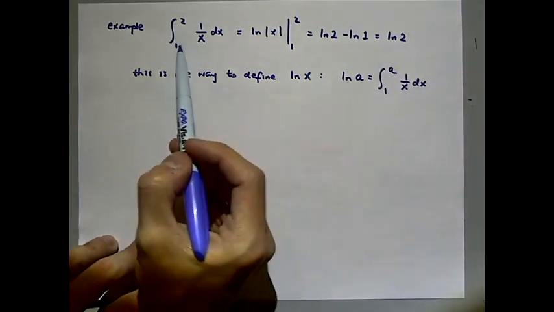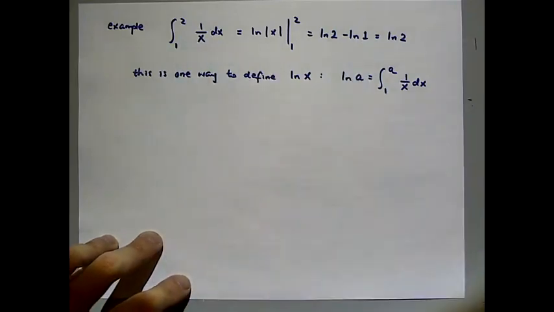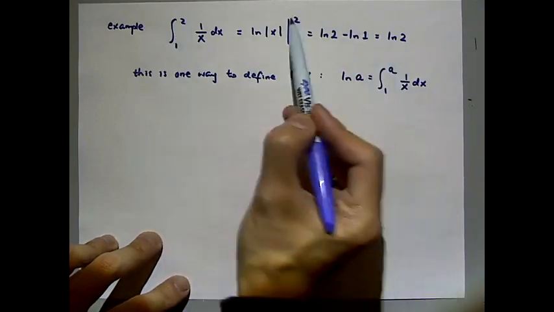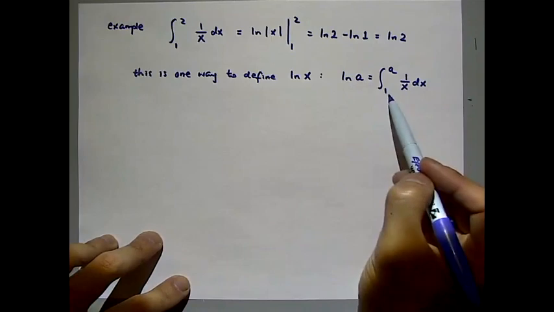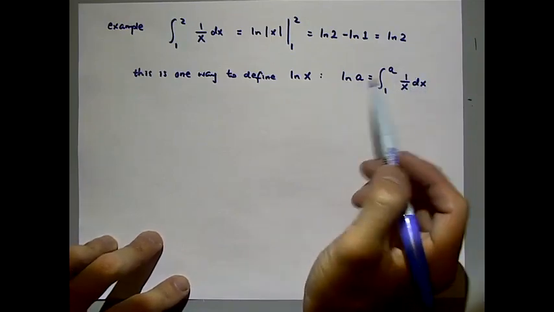If you look up here, the 1 here doesn't matter. We end up getting natural log of 1, which is 0. The upper limit ends up being natural log of that number. So extrapolating that, the integration from 1 to a of 1 over x dx gives us natural log of a.